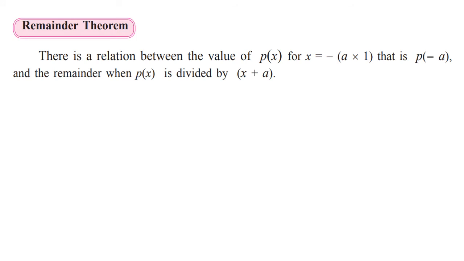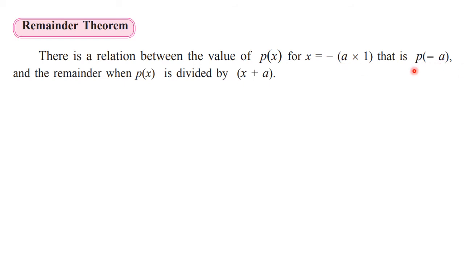The next topic is remainder theorem. Okay. So here what we can understand, that the value of the polynomial p of x, just now we have seen what is the value of polynomial, for x is equal to minus a.